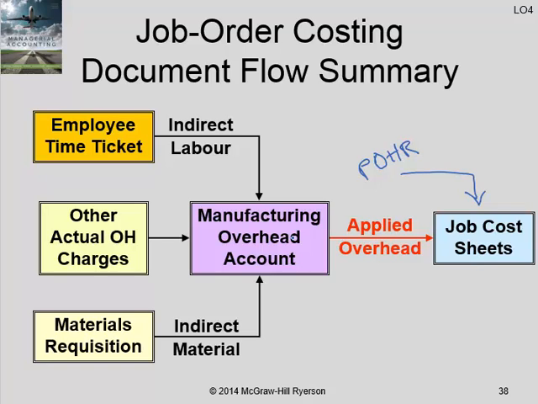So it's not actually the case that this overhead is somehow magically taken out of the overhead account and applied to the jobs. You apply it based on an overhead rate, and then at the end of the year you compare the actual overhead costs with the overhead applied and kind of net them out and deal with any discrepancy or difference at that point in time.